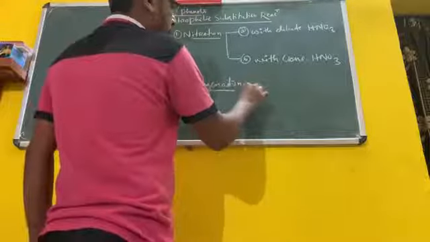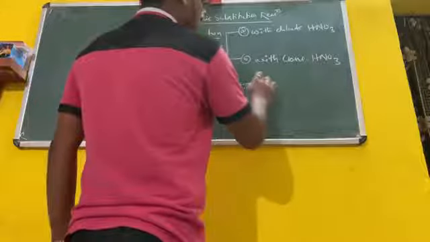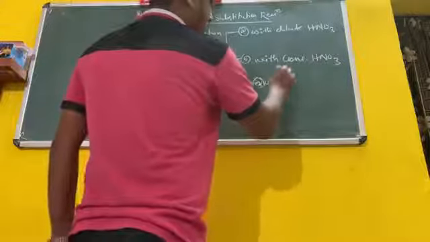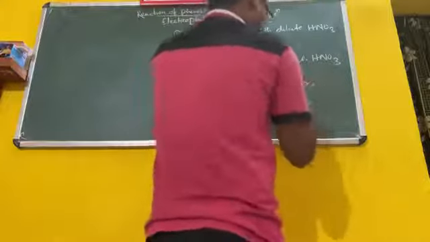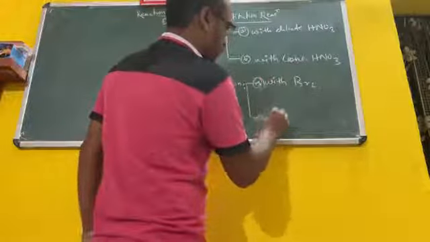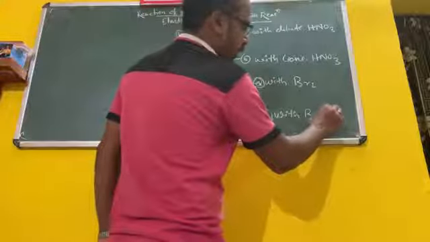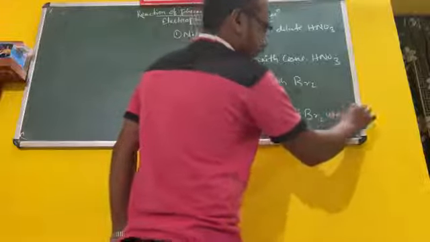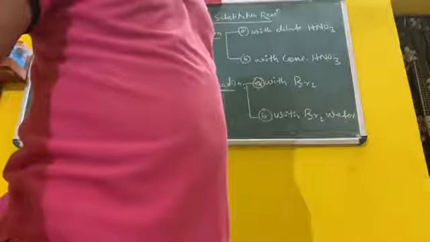Halogenation is also of two types: first with Br2, and second with Br2 water, that is, with bromine and bromine water. With bromine alone, both are halogenation but one is with water.